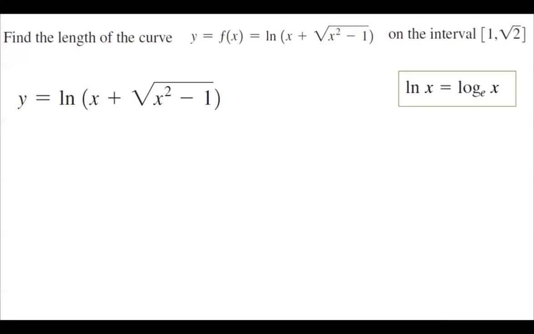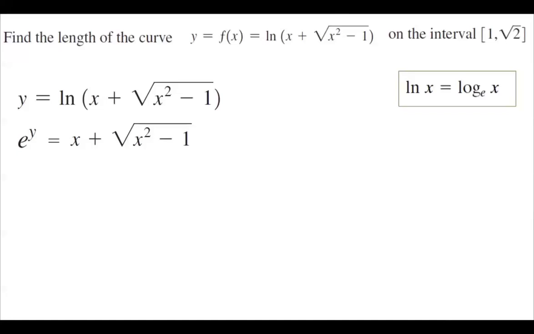Remember the definition of ln of x, which is basically log with base e of x. Our goal is to isolate our x because it makes the derivative, raising it to the second power, and calculating the length a little bit easier for us. So e to power y is equal to x plus the square root of x squared minus 1.